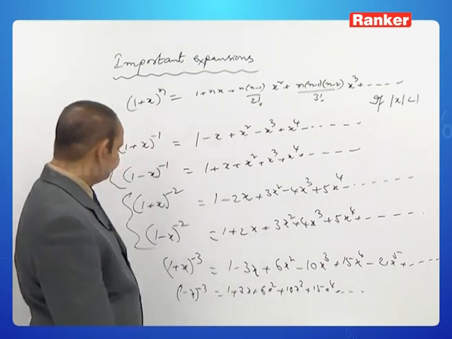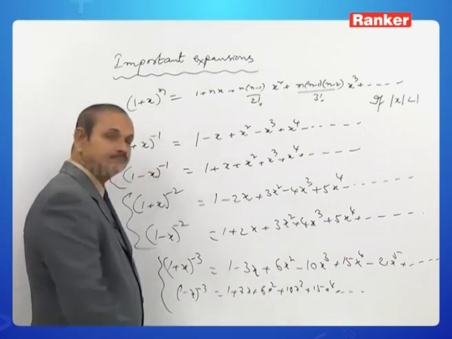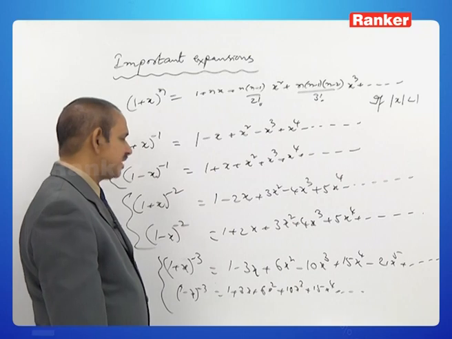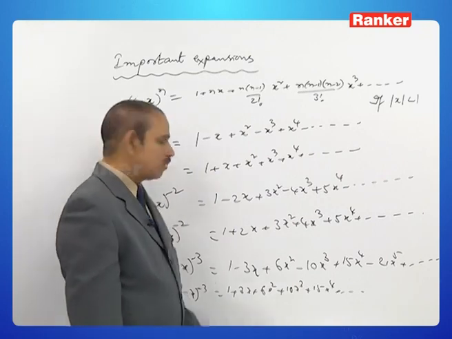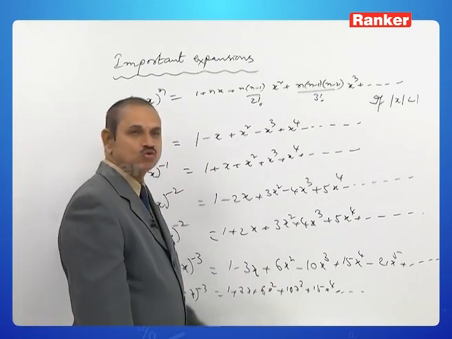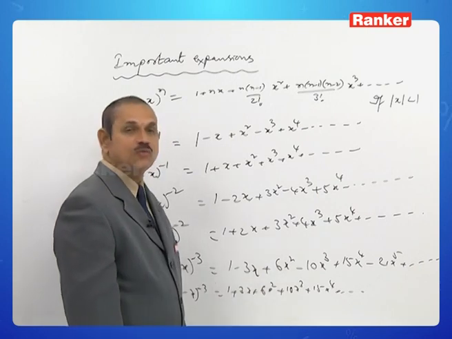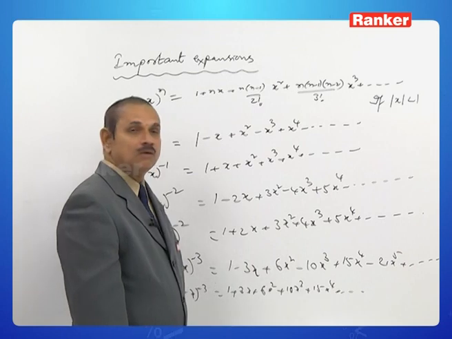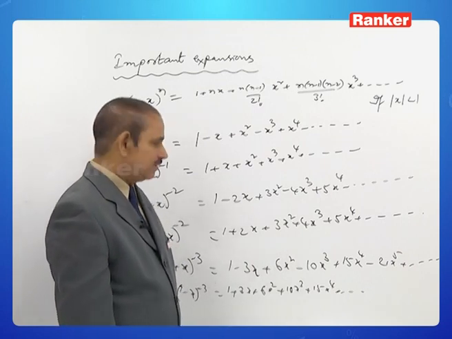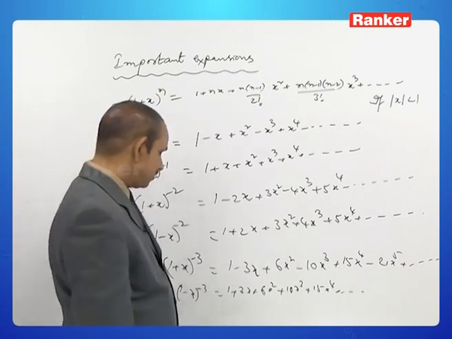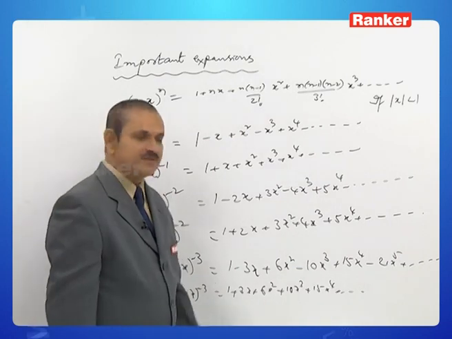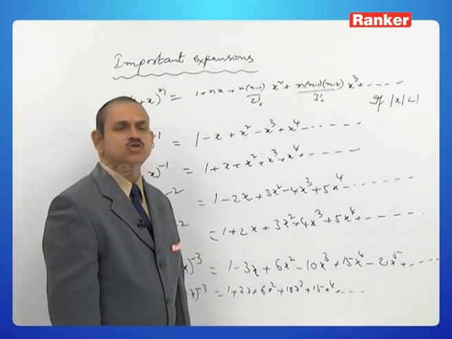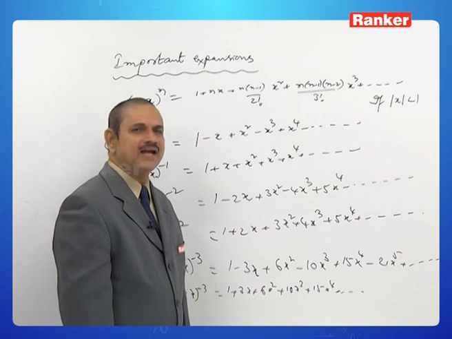And here, for these two, another special kind of understanding. Coefficient of x, 1 plus 2. For x square, 1 plus 2 plus 3. For x cube, 1 plus 2 plus 3 plus 4. Of course, positive or negative according to the expansion. Coefficient of x power 4, 1 plus 2 plus 3 plus 4 plus 5.